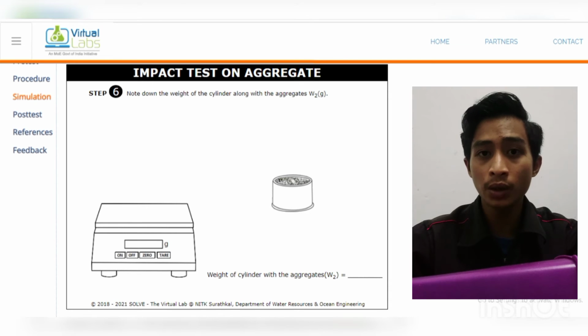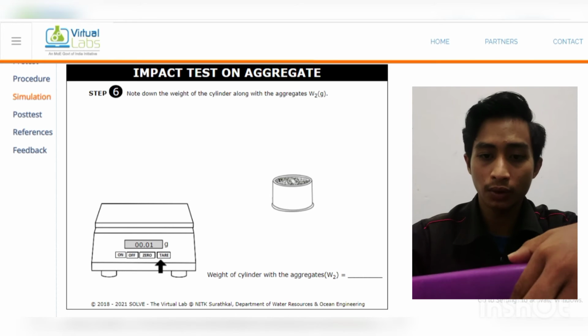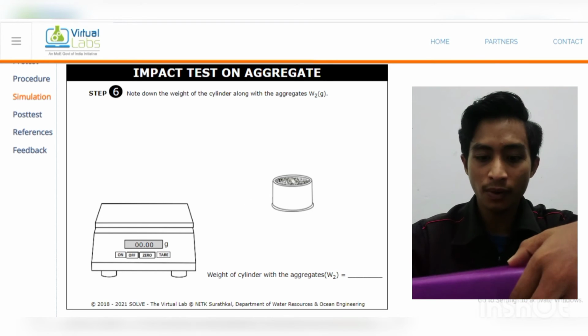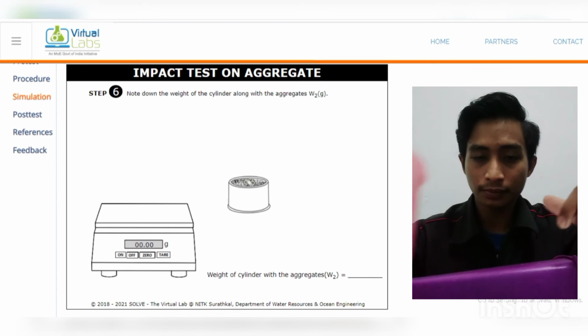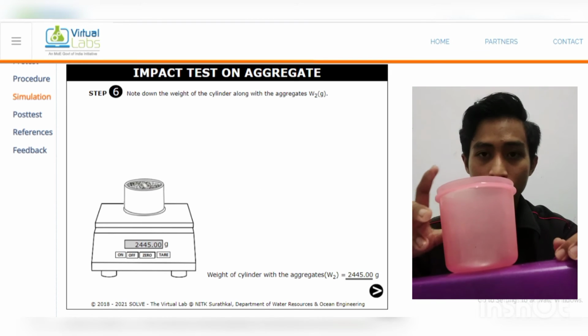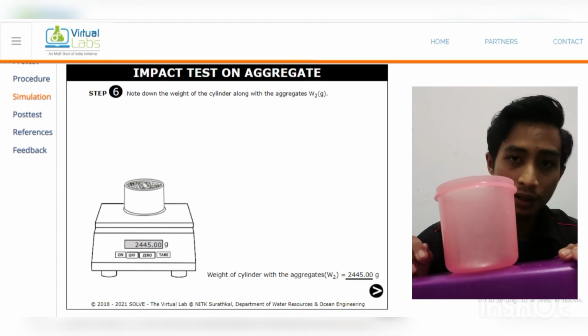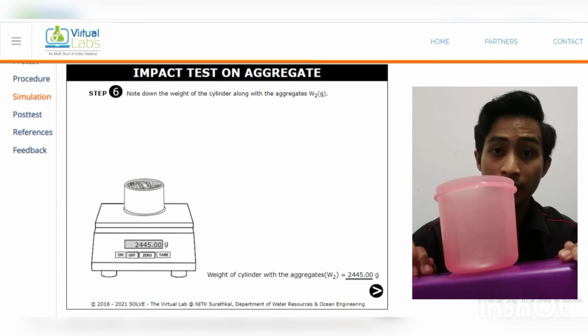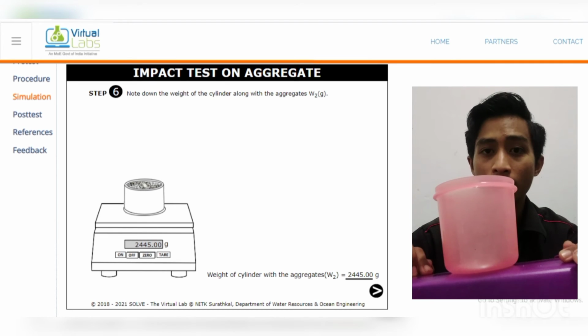Step 6, we will weigh the weight of the cylinder with aggregate. On the switch and press tare. And the weight of the cylinder with aggregate is 2445.00 gram.